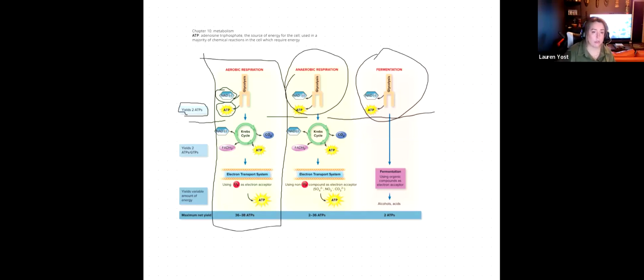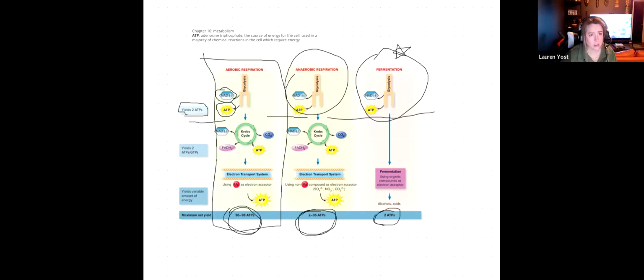Whereas when we talk about our fermenters over here, these guys will use oxygen when oxygen and the other things that they need are available for aerobic respiration. They won't be going through fermentation when oxygen's available. Because clearly, look at this. This is aerobic respiration over here. Anaerobic respiration over here can get up to 36, depending on the reaction we're looking at.